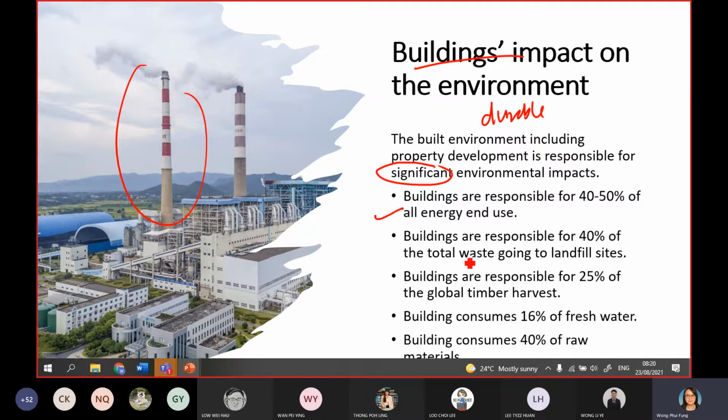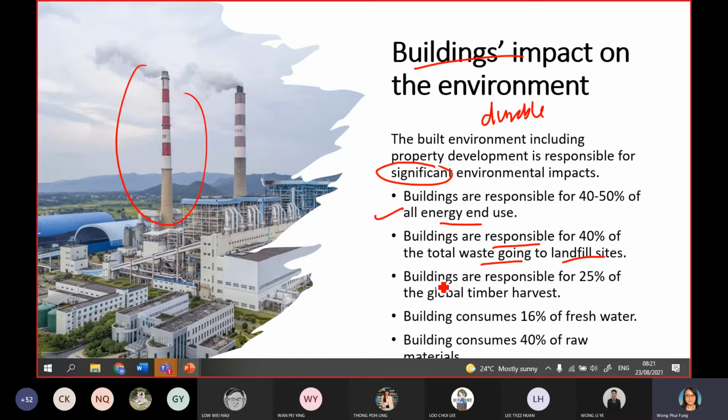So as you can see, when we construct the building and when we operate the building, it consumes a lot of energy. And buildings are also responsible for waste. They generate a lot of waste, and if we don't manage it properly, it ends up in the landfill.